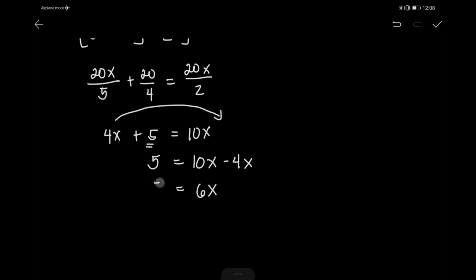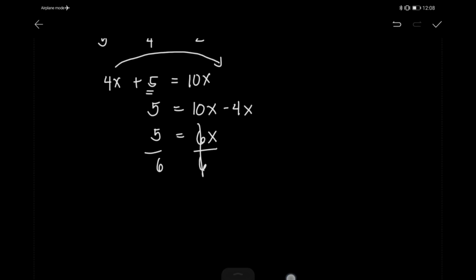Then bring down the constant. To solve for the value of x, we have 6 and 6, and 6 divided by 6 is equal to 1. Therefore, the value of x is equal to 5 over 6.